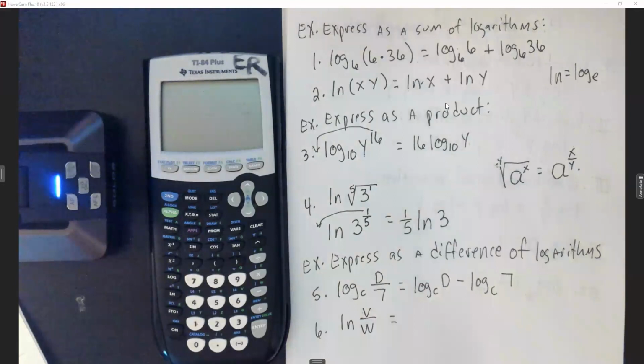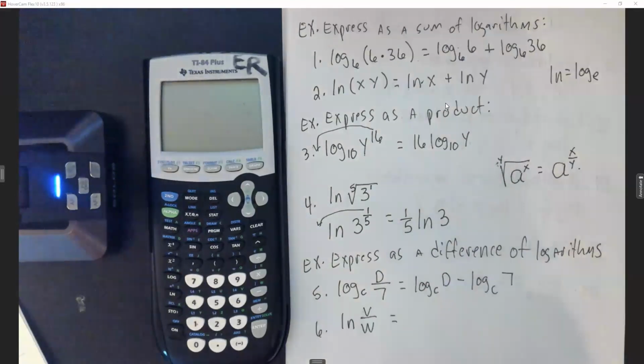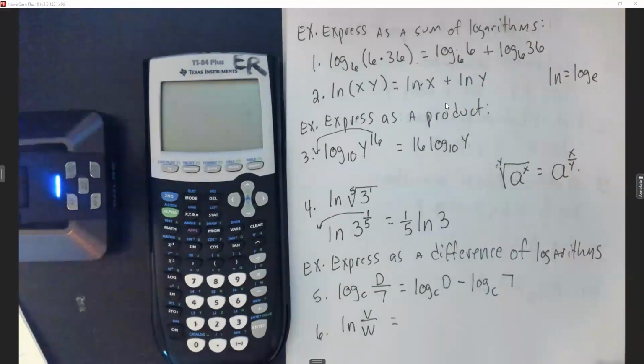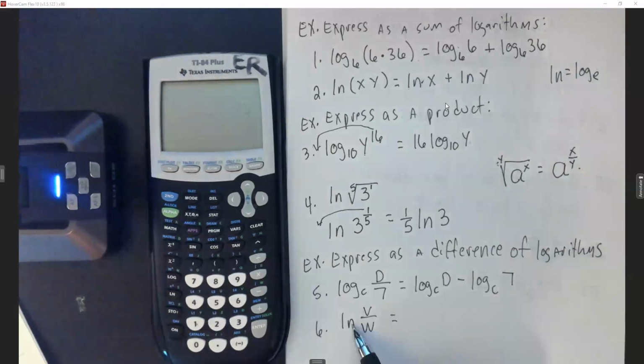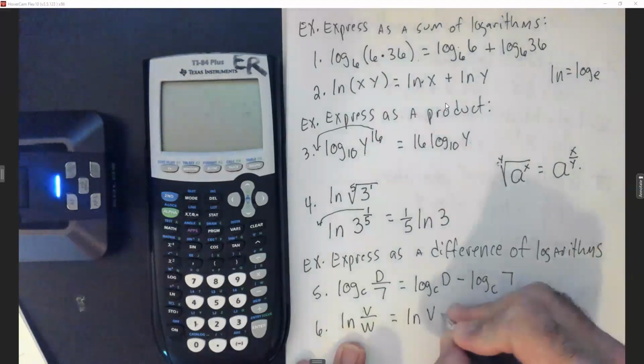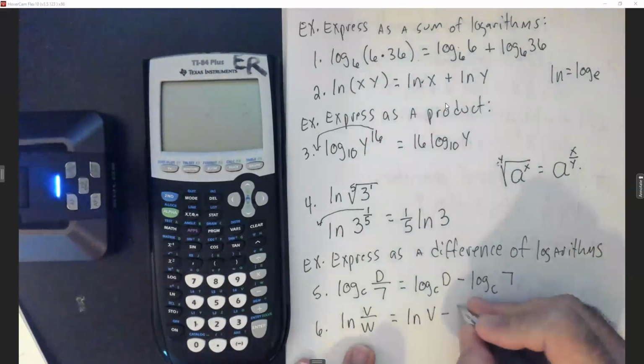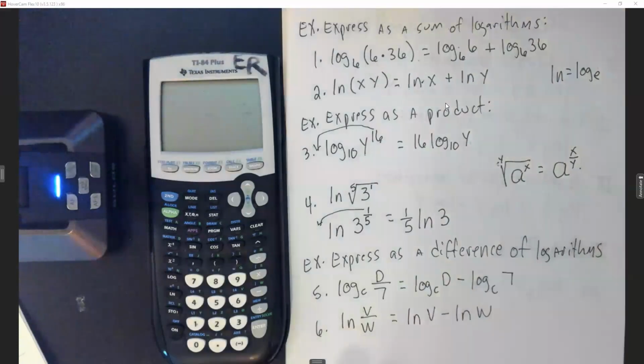And also, when you're writing these in, if they use capital letters, you got to use capital letters on those answers, okay? So capital letters and small letters. All right, so this one will be distribute to ln. So you get an ln of v minus the bottom, which will be a ln of w.